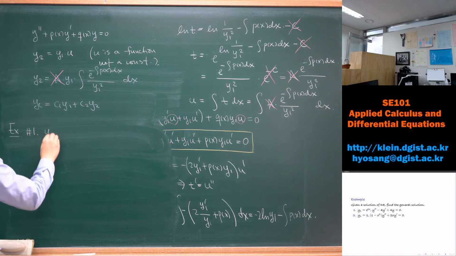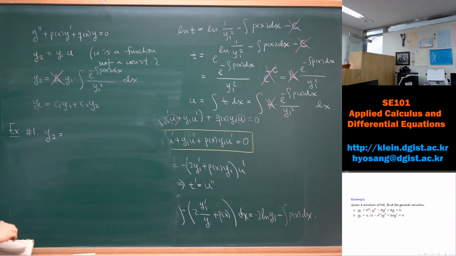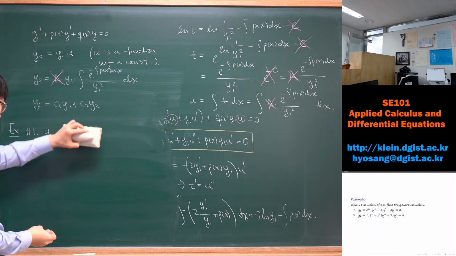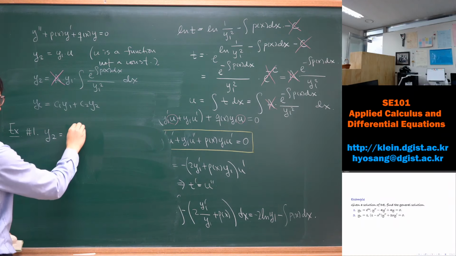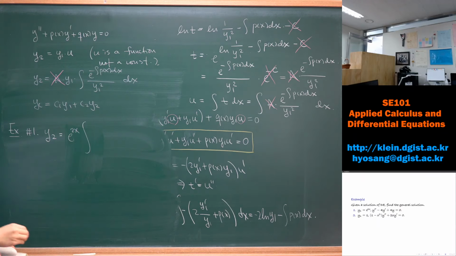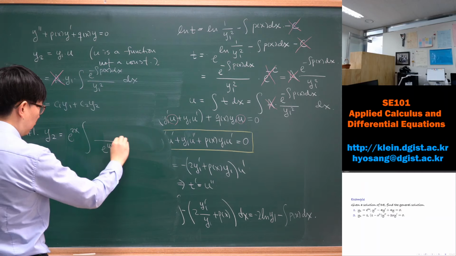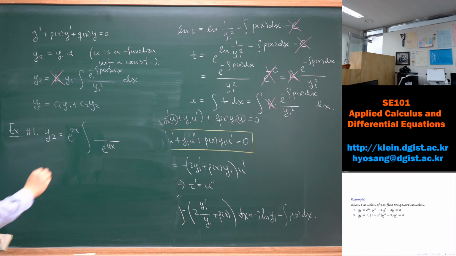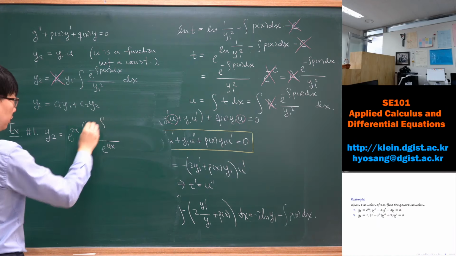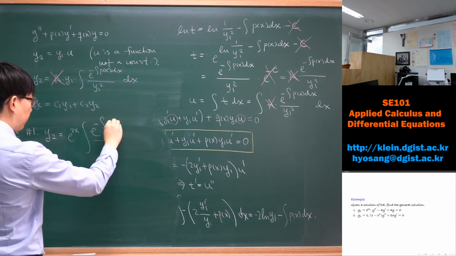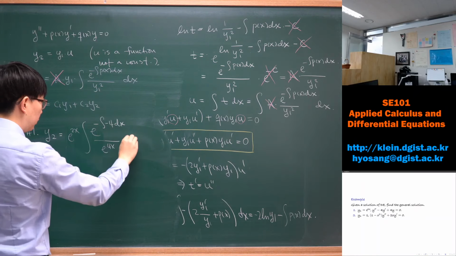So the second solution is y2. So y2 is e to the 2x times the integral of 1 over y1 squared, e to the 4x, and the integral of e to the minus p(x), where p(x) is minus 4, dx.